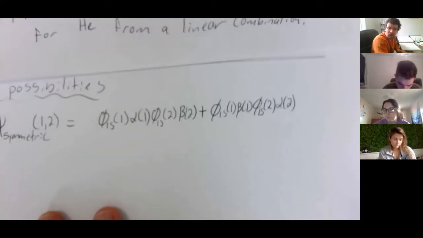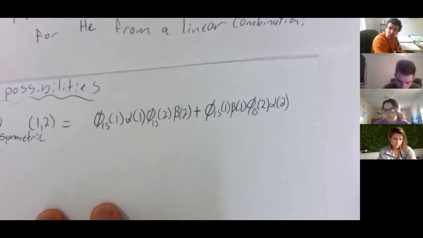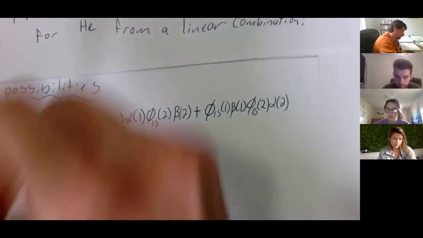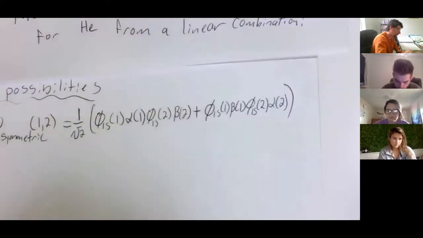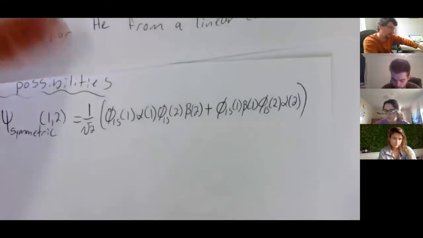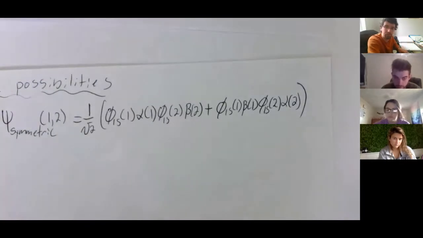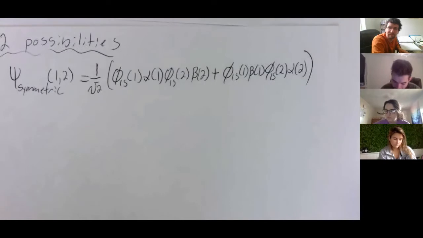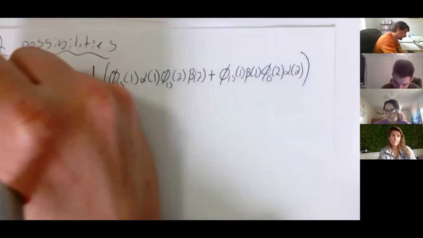Now this function is not normalized. If we wanted to normalize it, what do we need out front? 1 over root 2, yep, like that. So there's the symmetric case. Can you guess what the other possibility is going to be? Yep, asymmetric.